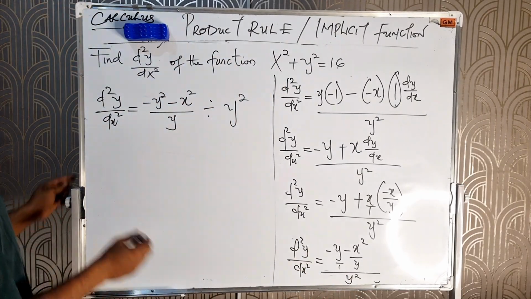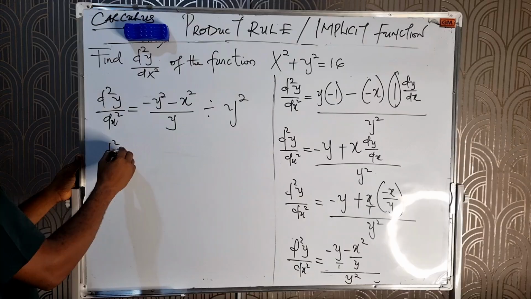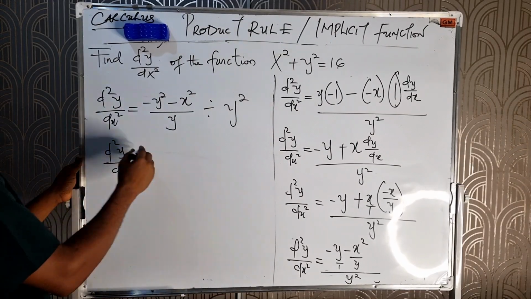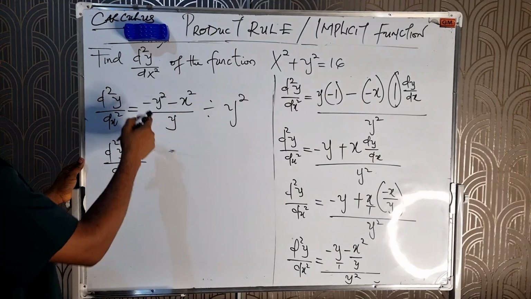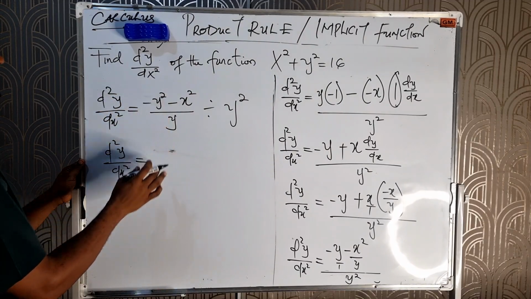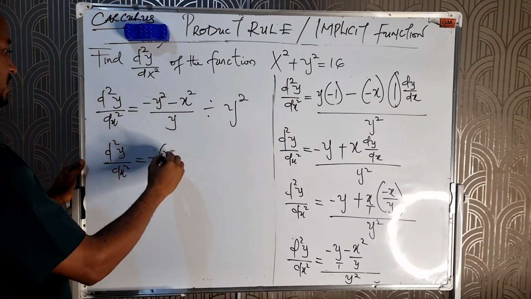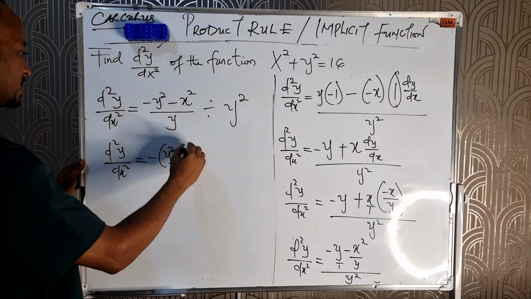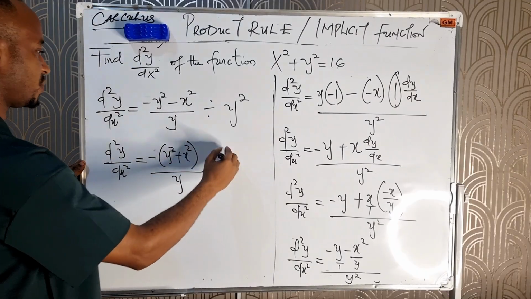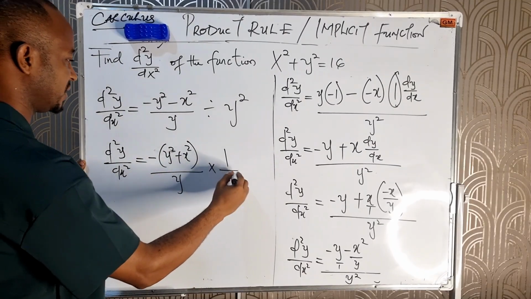y². So that gives us d²y over dx² equals, I can factor out the minus sign as a common factor. Here it becomes minus y² plus x², all divided by y, times 1 over y².